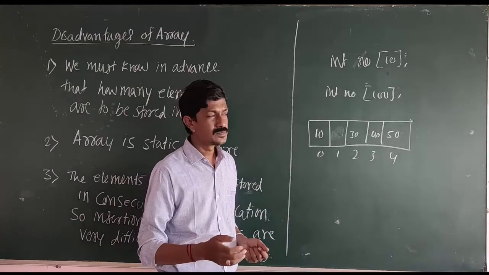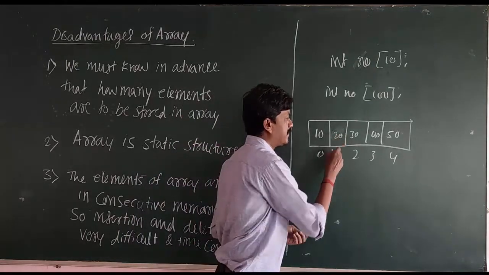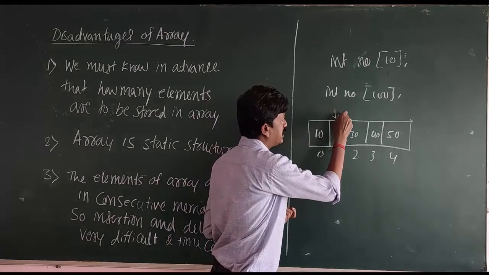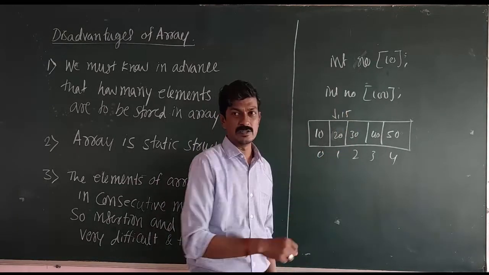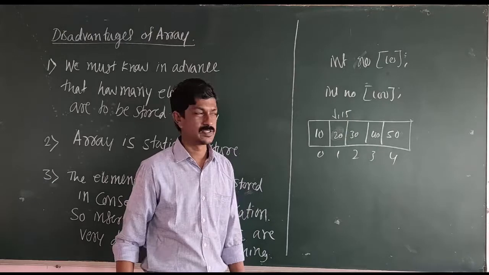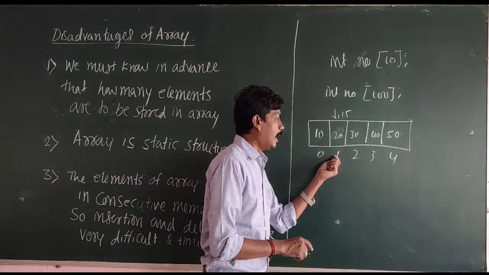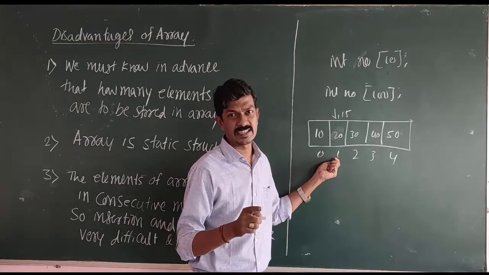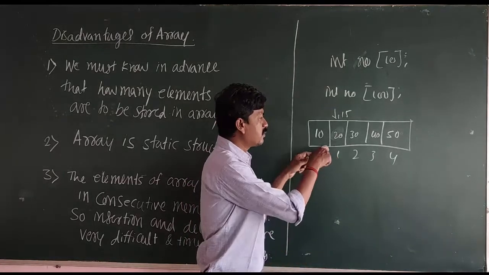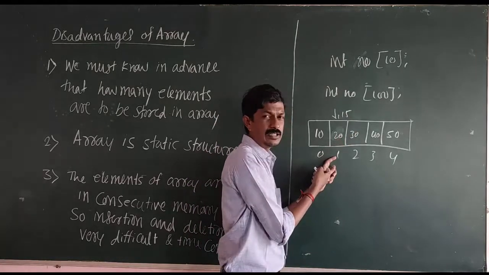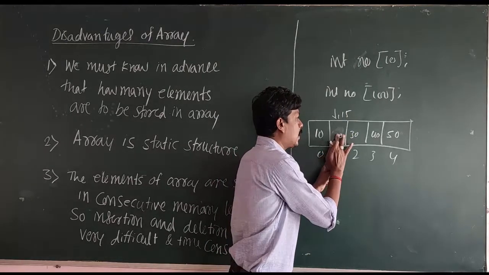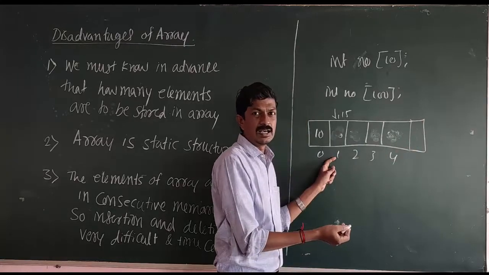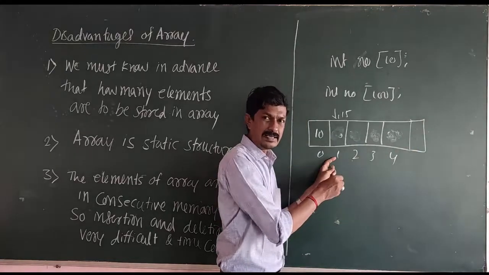At the same time, if you want to insert an element, say 15, into the first position, then all subsequent array elements should be shifted to their higher index value.